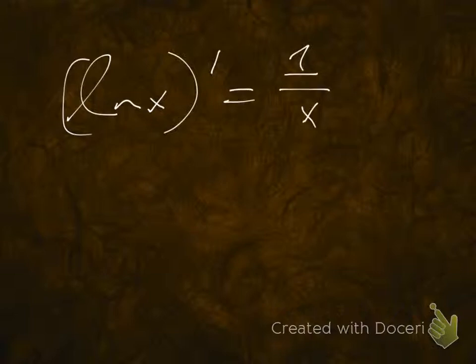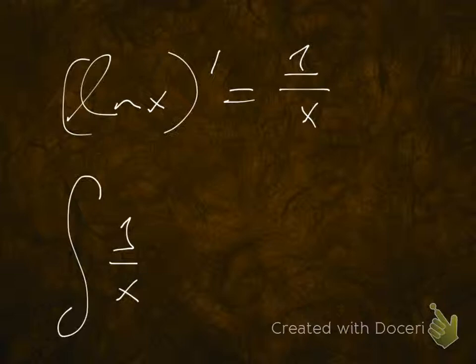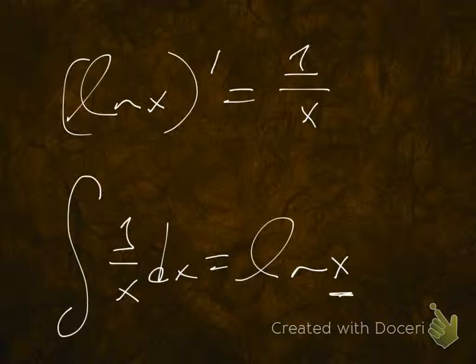But we cannot say that the indefinite integral of 1 over x dx is just ln x, because this x is going to give us negative values. We can't take the log of negative values, so we have to say that this is ln of absolute x, because absolute x doesn't matter if it's negative or positive. It's just going to tell us our distance from 0. So the indefinite integral of 1 over x dx is ln absolute x.